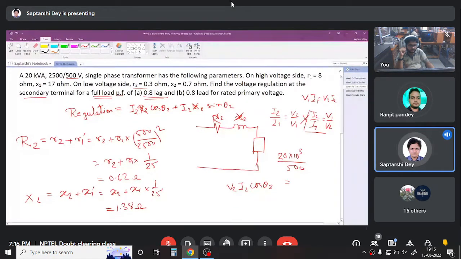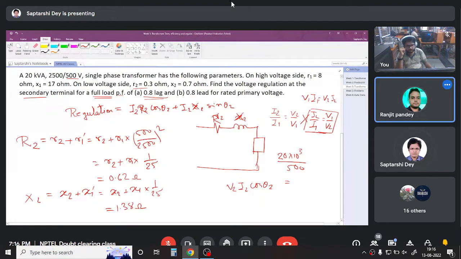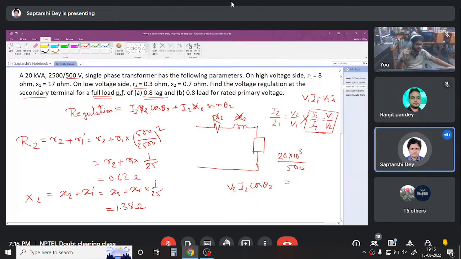This is correct, but only for an ideal transformer. Here we are talking about a non-ideal transformer regulation. So this is 20k by 500, 40 ampere will flow. So 40 ampere current is flowing.